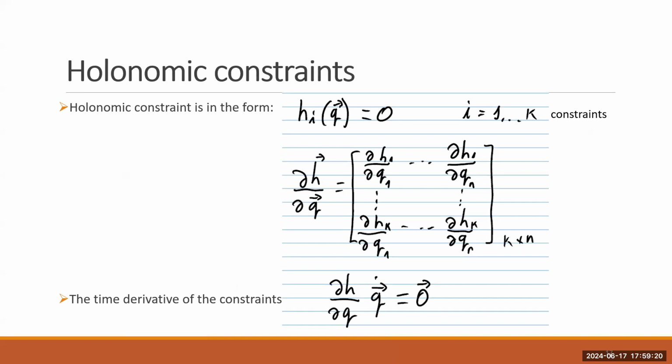So now we are getting to holonomic and non-holonomic constraint. Say, if we have a constraint in the form of a function of the configuration equals 0, then we can have many of them. This is called a holonomic constraint because this is a constraint on the configuration, not the velocity.